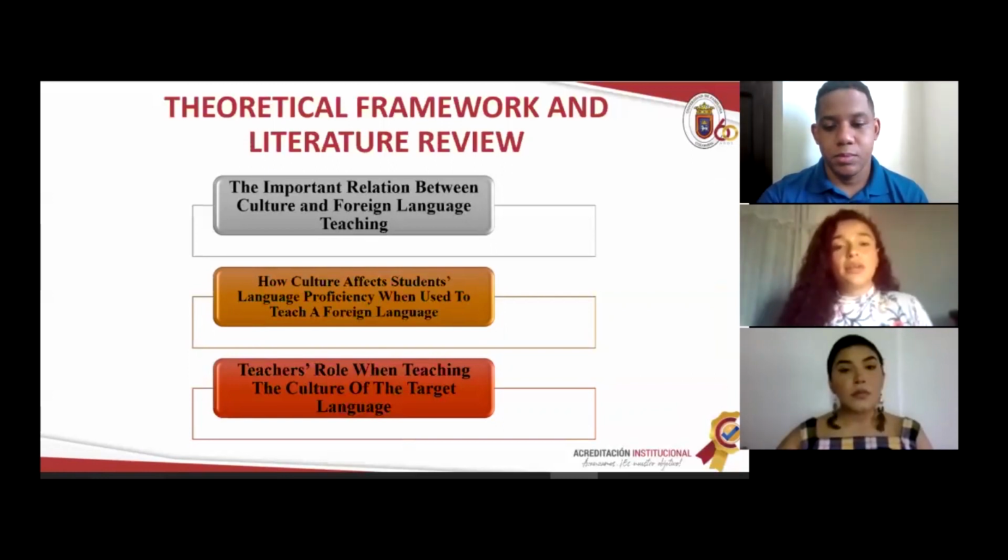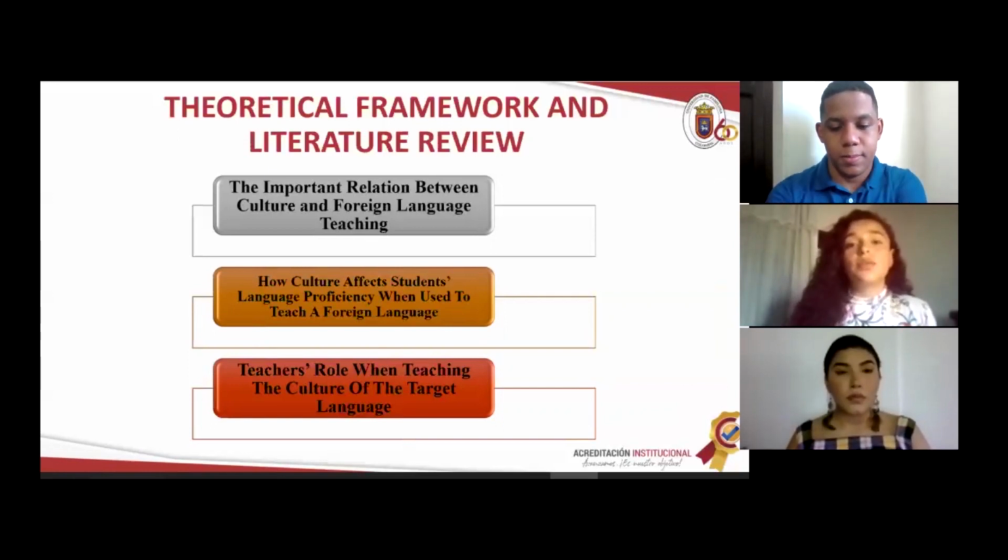The second variable is called how culture affects a student's language proficiency when used to teach a foreign language. To describe this variable, we found several research papers that argue that culture cannot be separated from language. However, they all agree that most foreign language learning programs are more concerned with teaching the language rather than culture.